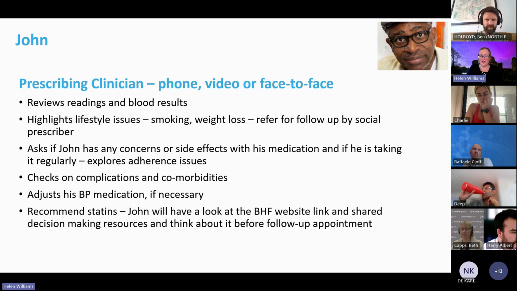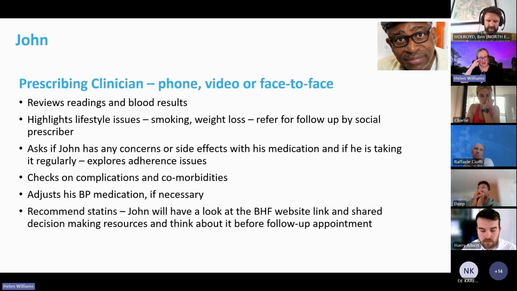Although I think we should still, in all these consultations, reinforce the importance of lifestyle and just double check that they are checking in to the right person, social prescriber, health and wellbeing coach, or whoever you have locally. So prescribing clinicians should have the information they need in terms of blood pressure readings and blood results, can re-highlight those lifestyle and behaviour change issues, explore a bit more about medicines and if he's taking them.